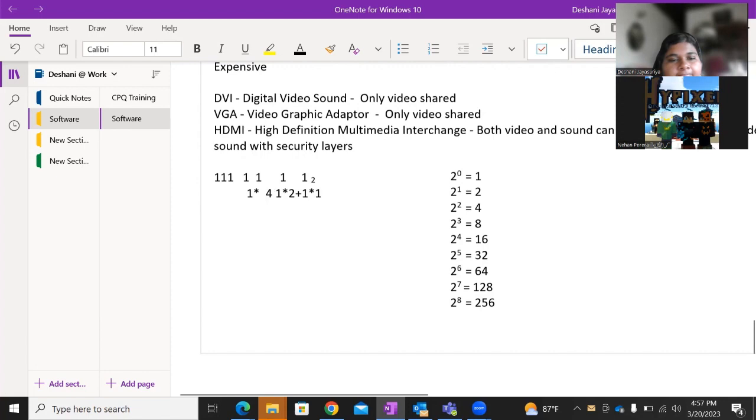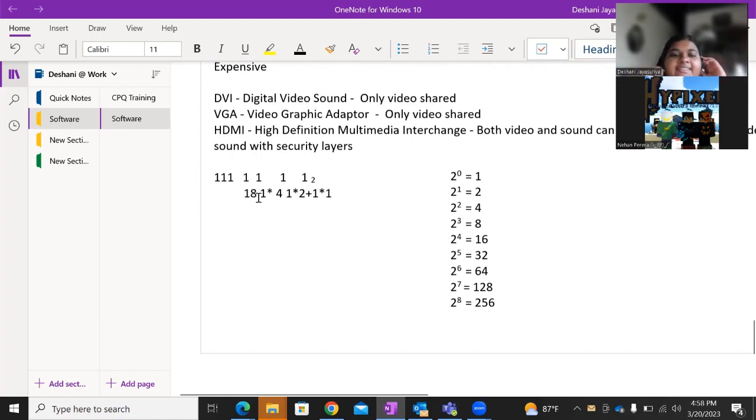Like this, just add all the values. We just substitute it. Okay, 1, 2, 4, then 8.